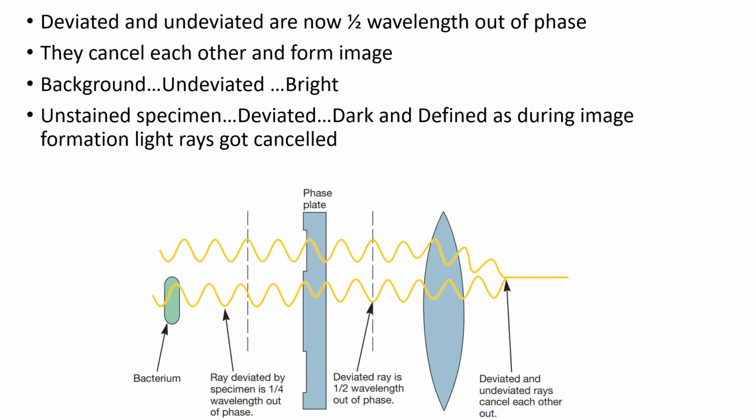So what is finally happening, guys? They are now half a wavelength out of phase, because one is retarded by 1/4 and one is advanced by 1/4. So how much is the difference now? Isn't it half?